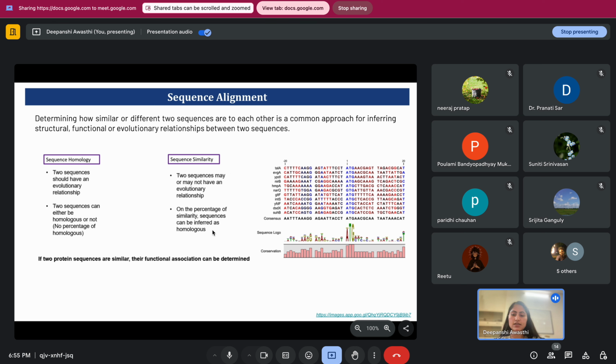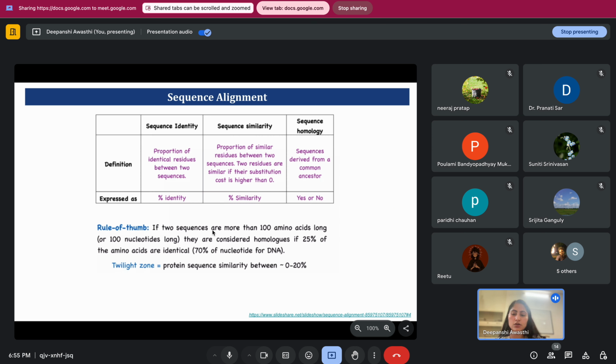And then there is another term which is also confusing a lot, which is sequence identity. Many students think that sequence similarity and sequence identity are the same thing, but no, they are different. When we say sequence identity, we mean that if we are comparing two sequences, then those two nucleotides, if we talk about DNA sequences, or amino acids, if we talk about protein sequences, must be identical, and only then will we calculate the sequence identity.